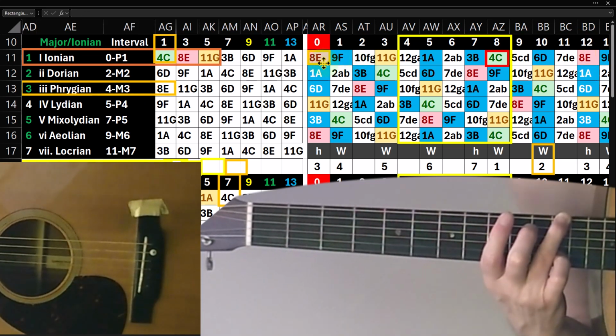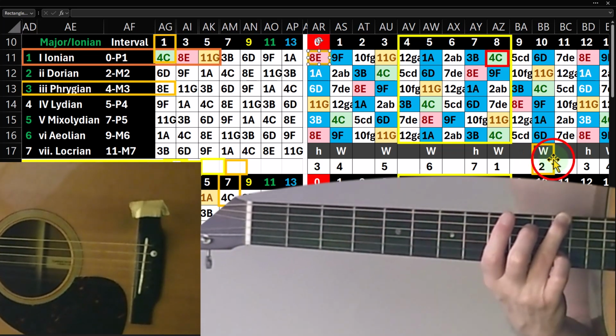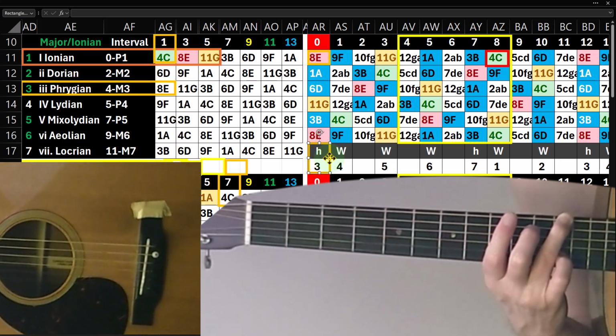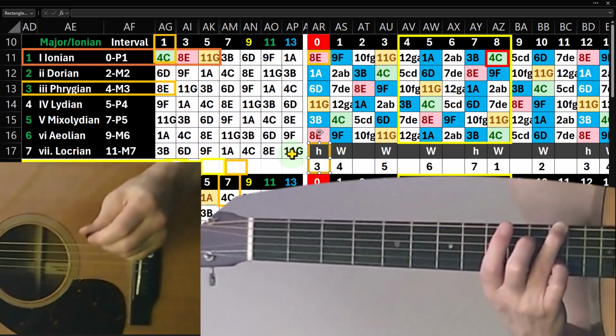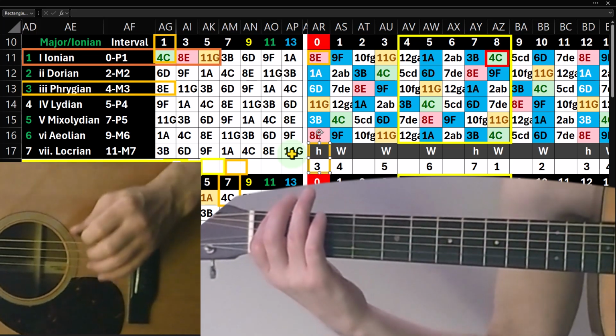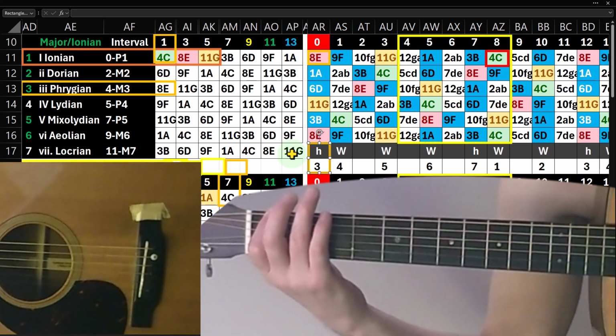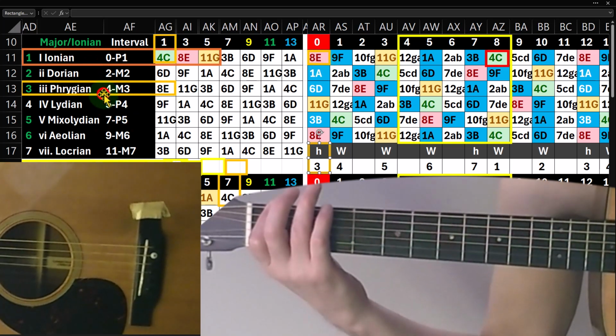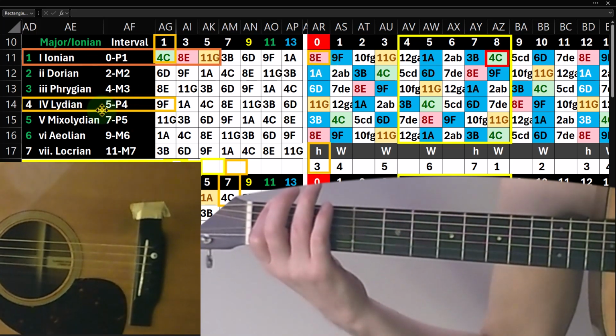So there's the E over here. So now I'm going to go from the E, from the 3rd to the 4th. From the E to the F is going to be a half step. So we're going to go half step from the 3rd to the 4th. 3rd to the 4th is going to be a half step.